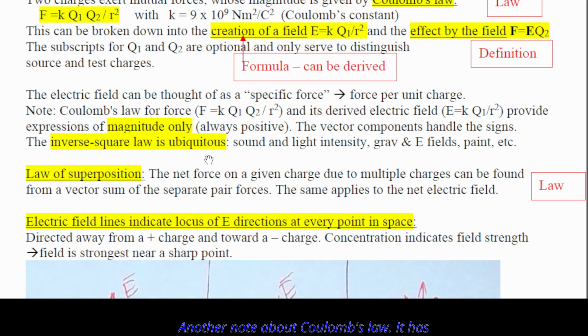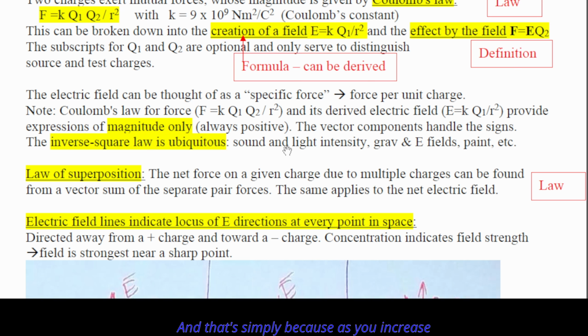Another note about Coulomb's law. It has an inverse square law behavior. The force is proportional to 1 over R squared. So this inverse square law, the proportionality to 1 over R squared, is ubiquitous. Sound intensity, light intensity, gravitational field, spray painting a wall. In all of these situations, as you double the distance, the intensity becomes 1/4.